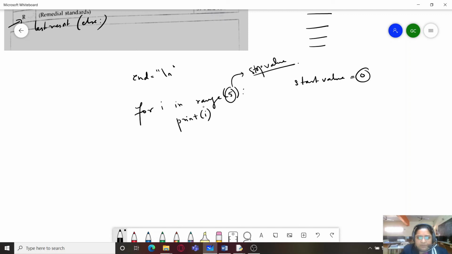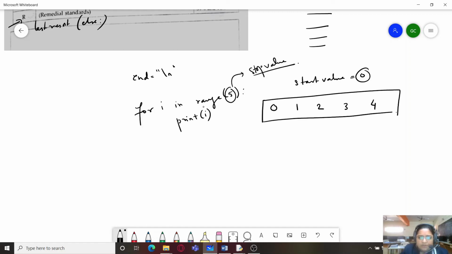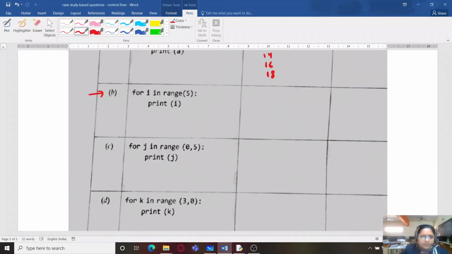So it will start from 0, and as we know the stop value is always excluded, so 0, 1, 2, 3 and 4. It will take up these values, which will be printed just like in the previous question. So 0, 1, 2, 3 and 4 will be printed over here.